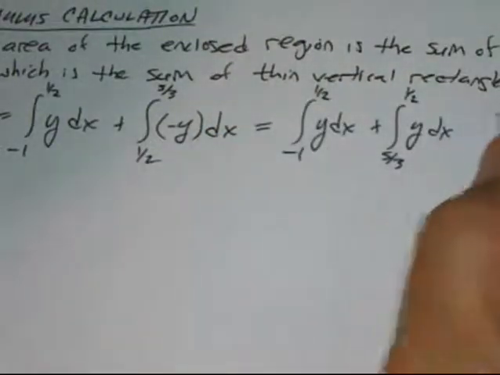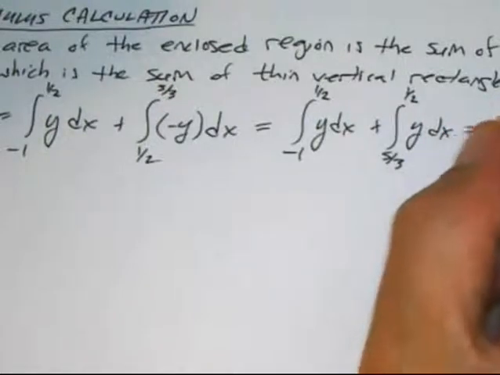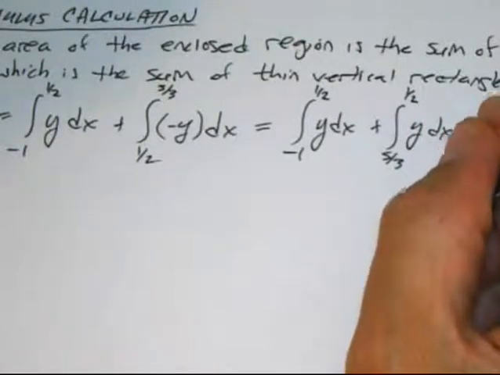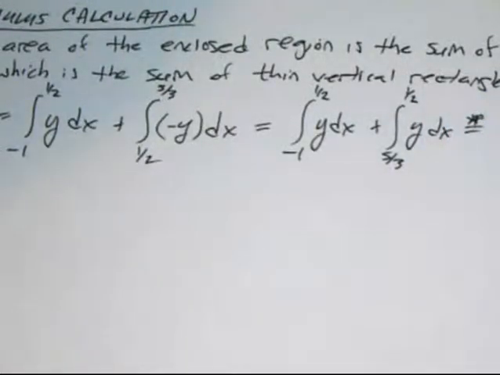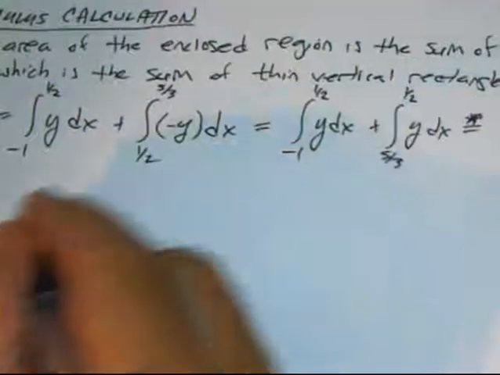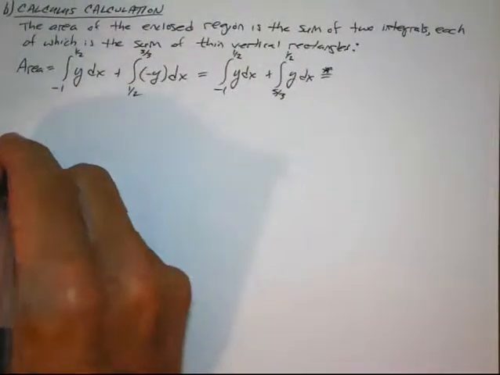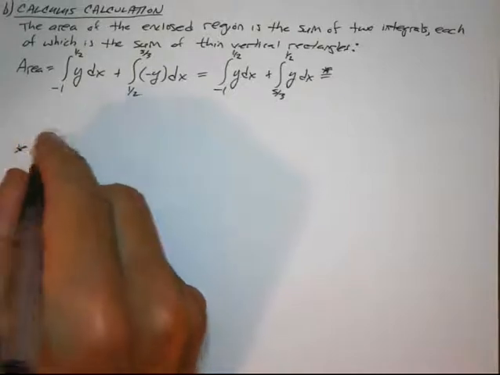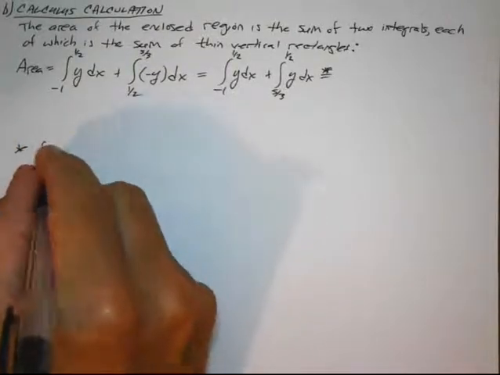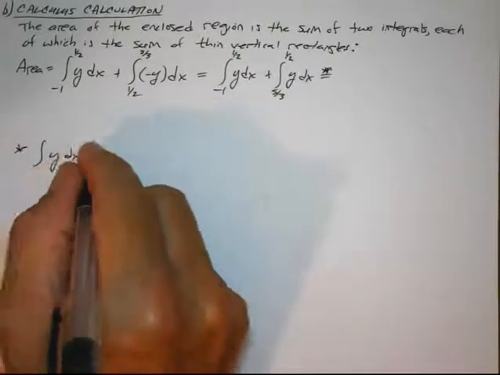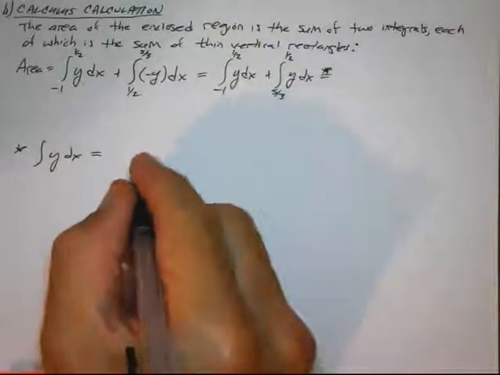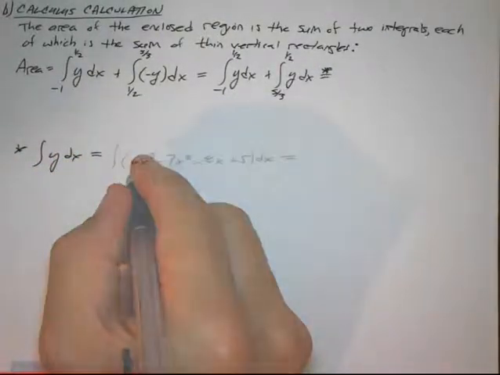And now it's time to do some antiderivative work. So an asterisk, a little bit of a subcalculation. Let's go down to perhaps here, and let's get an indefinite integral of y dx. First substitute in the polynomial expression.